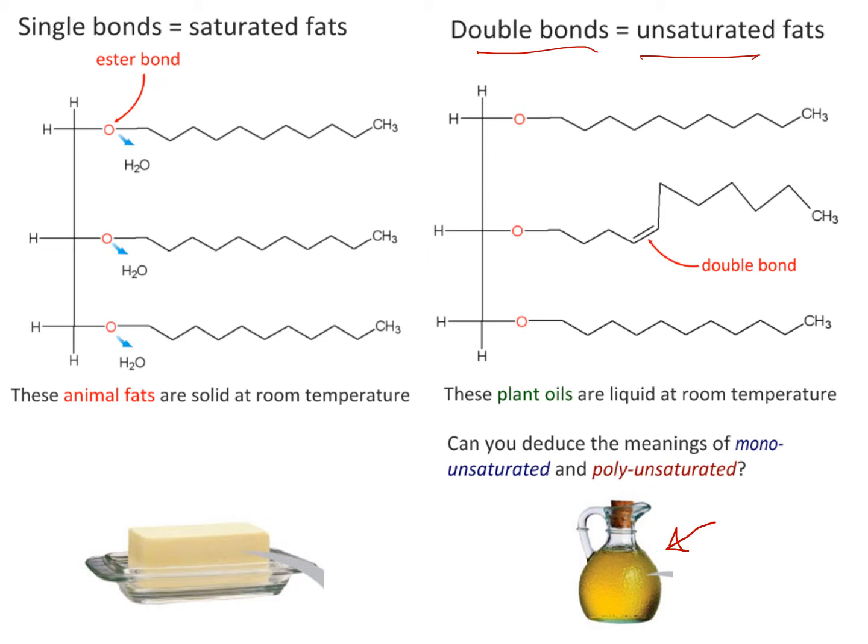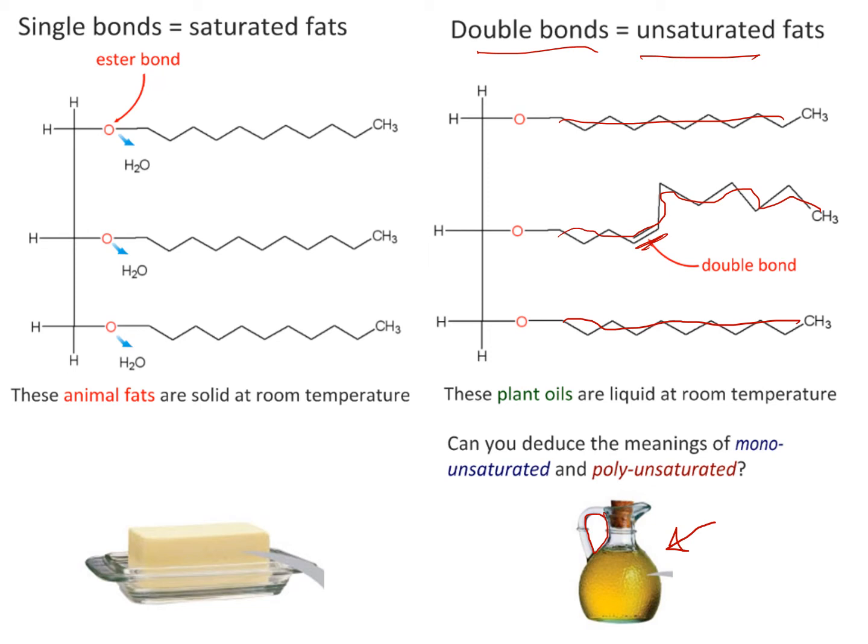One of the reasons is that these double bonds tend to put a kink or a bend in the fatty acid chain here. And that means that these fatty acid tails cannot pack as densely together. Because they're a little less densely packed, that contributes to their liquid property at room temperature.